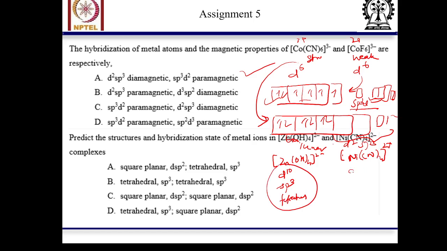This is d8, strong field ligand. So what will happen? Again, I will just draw the structure 1, 2, 3, 4, 5, 6, 7, 8. So it will be dsp2, square planar. So d8 strong field ligand basically will be square planar, and this will be sp3 tetrahedral. So the correct option is D.